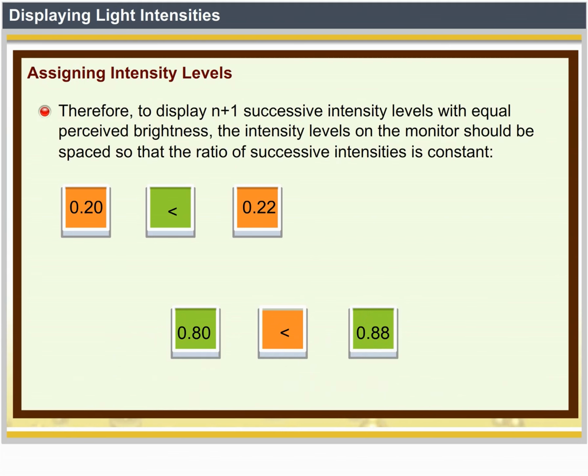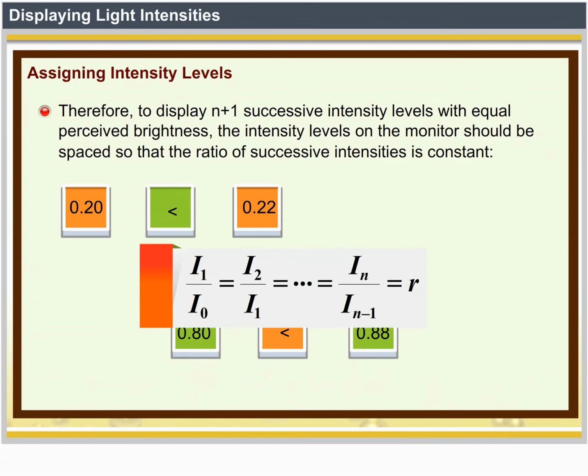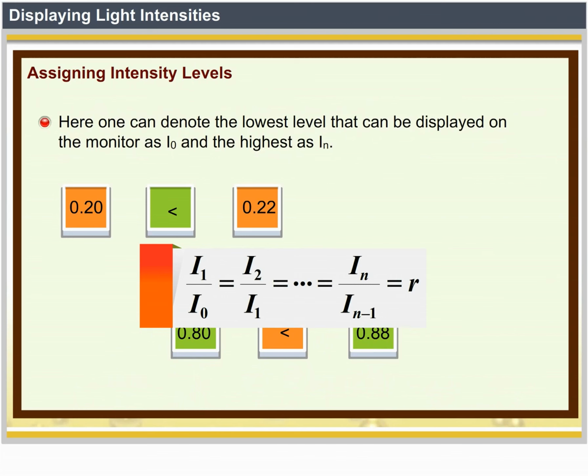Therefore, to display n plus 1 successive intensity levels with equal perceived brightness, the intensity levels on the monitor should be spaced so that the ratio of successive intensities is constant. That is, I1 over I0 equals I2 over I1 and so on, up to In over In minus 1 equals R. Here we denote the lowest level that can be displayed on the monitor as I0 and the highest as In.